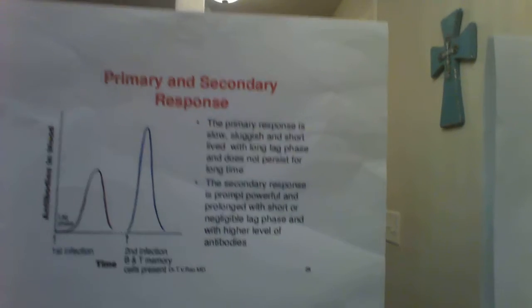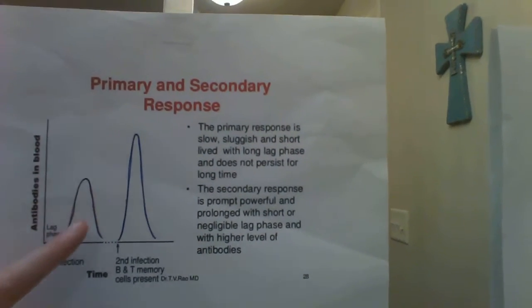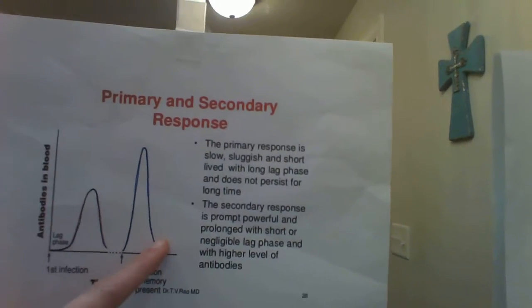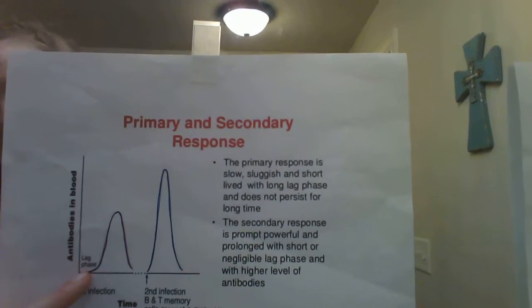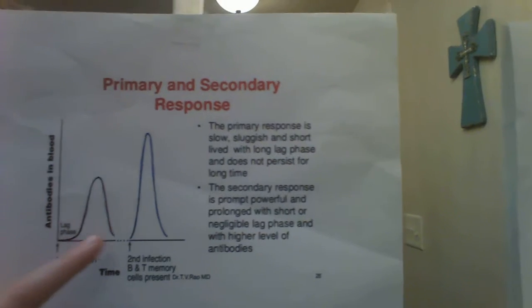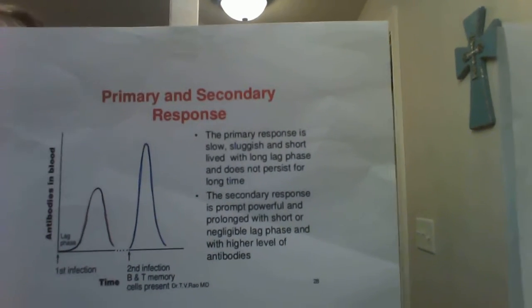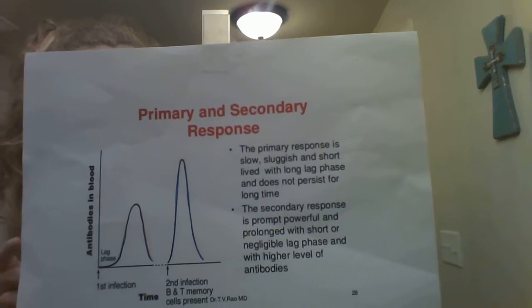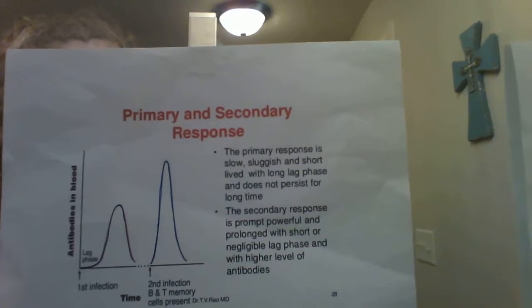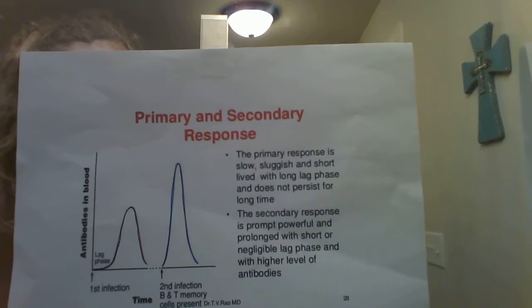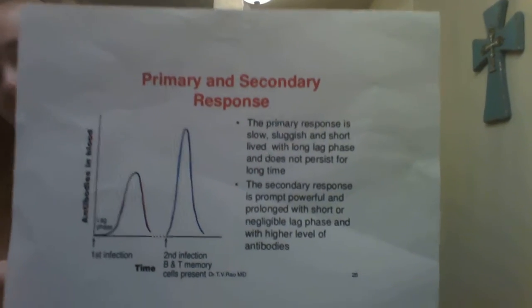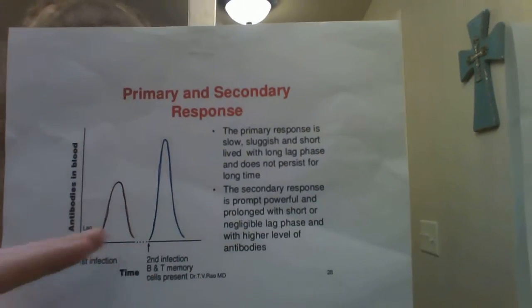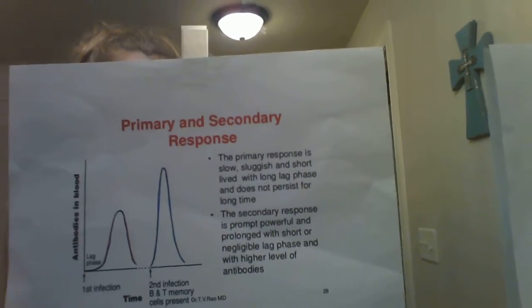Here you'll see our primary versus our secondary response. You'll notice our primary response has a much larger lag phase than our secondary response. This is simply because our primary response is just slower, and that secondary response, due to those memory cells, is so much quicker that it's not going to have near the amount of lag phase as that first primary response.